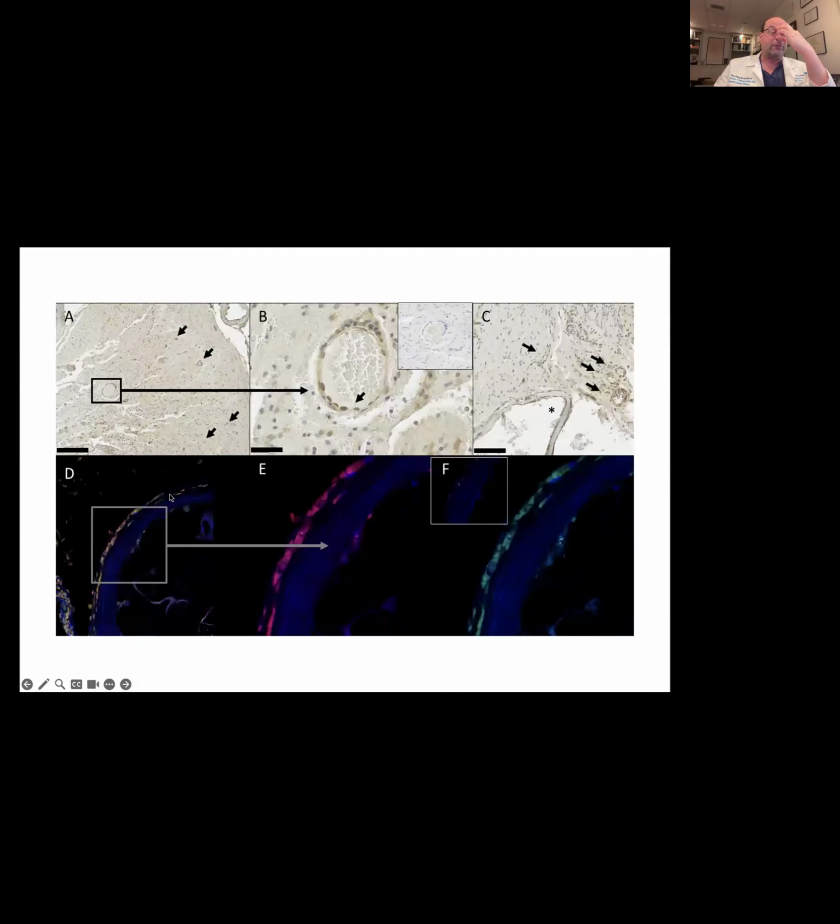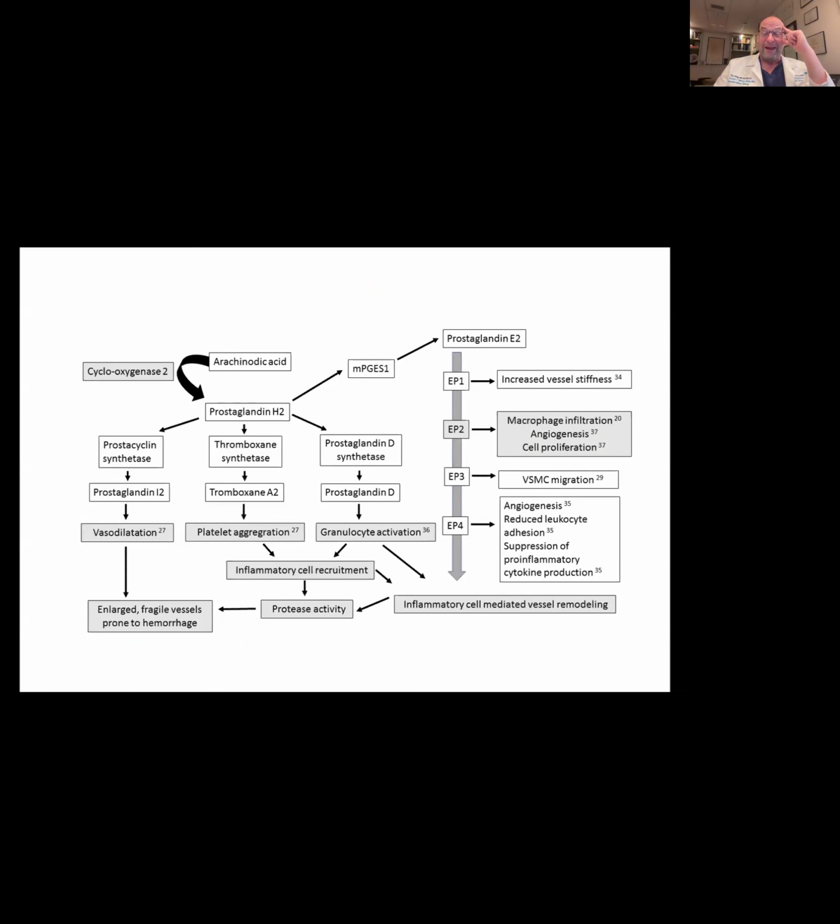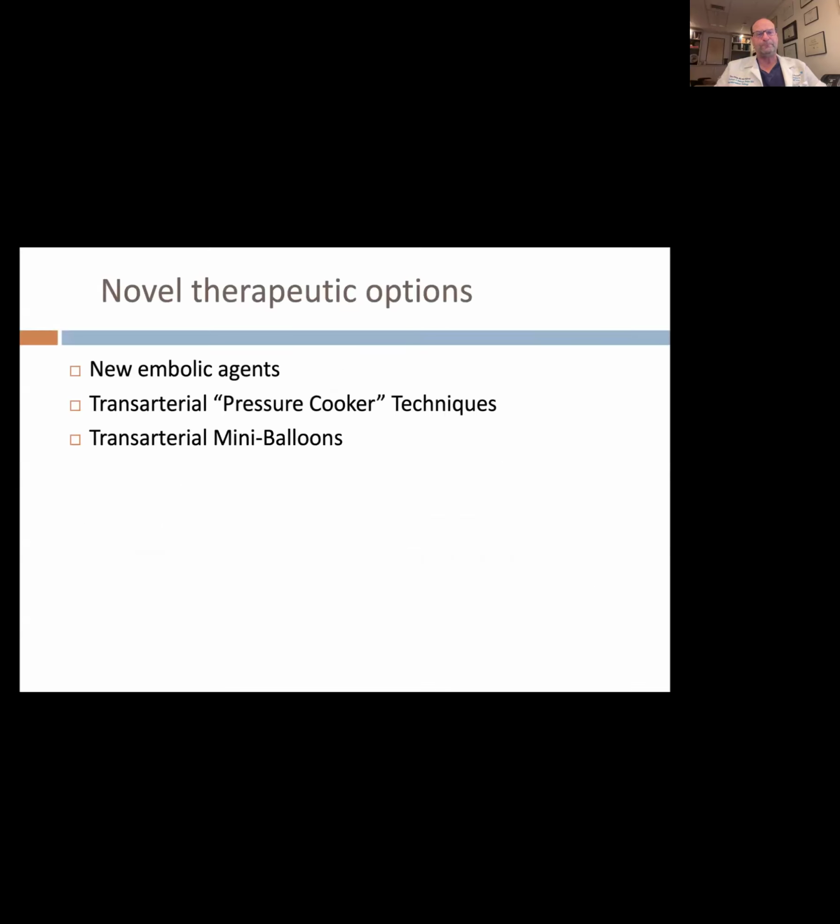And indeed, what we found was that within the wall of brain AVMs, there are inflammatory changes present, which may mean that in the future, to prevent an AVM from rupturing, we may need to give anti-inflammatory drugs, for example, COX antagonists. Again, we are not there yet, but it could be an interesting pathway towards treatment.